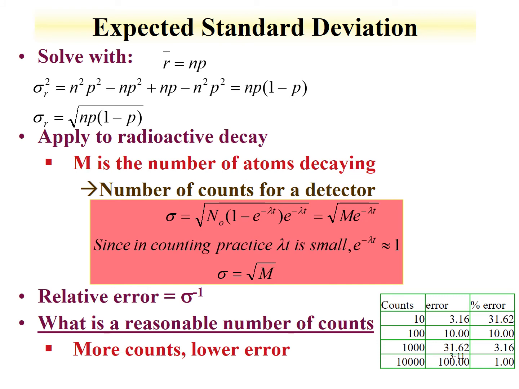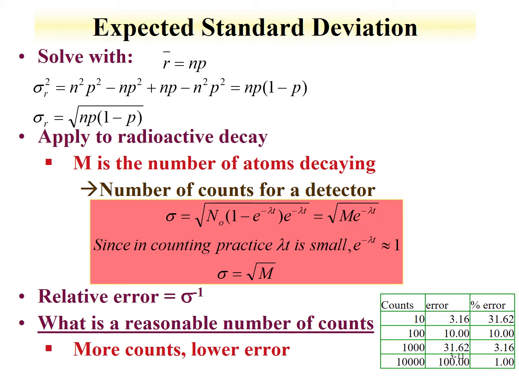Remember where we defined on page 3.3-9, where M is the number of decaying atoms. The number of decaying atoms is equal to N naught times 1 minus e to the minus lambda t. So substitute the number of decaying atoms, the number of atoms that have decayed, that have been counted, times e to the minus lambda t.